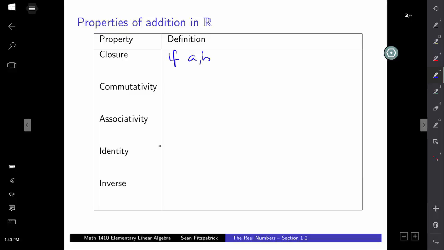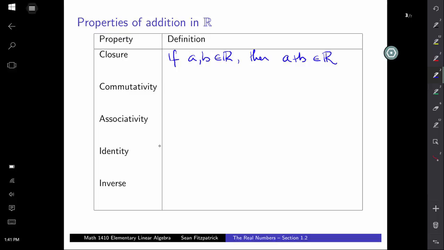So if A and B belong to R, then their sum also belongs to R. It would be a fairly strange sort of addition if we had some addition operation where we added together two numbers and ended up outside of the number system that we were working in. That would not be a desirable property to have.